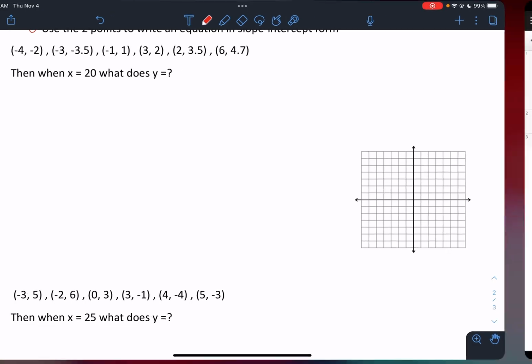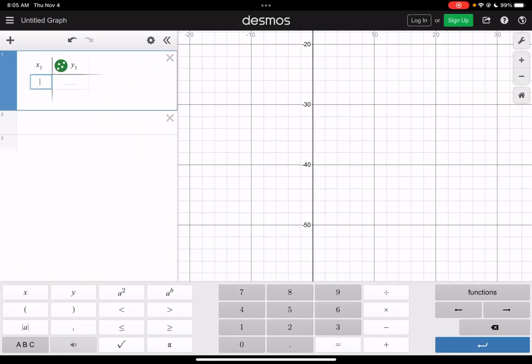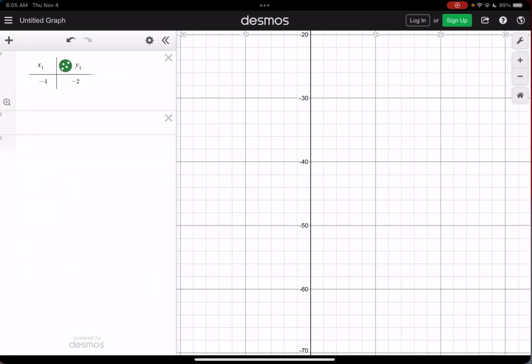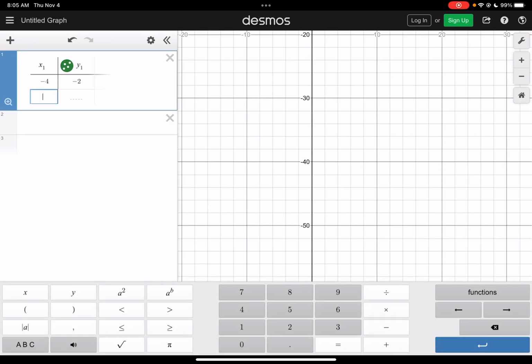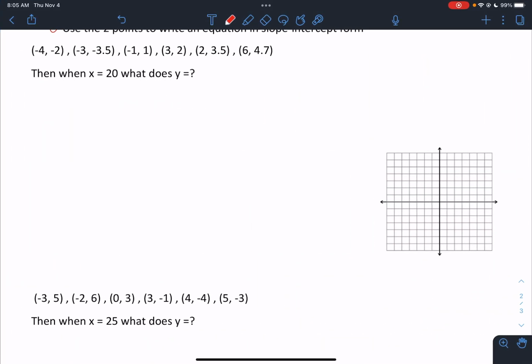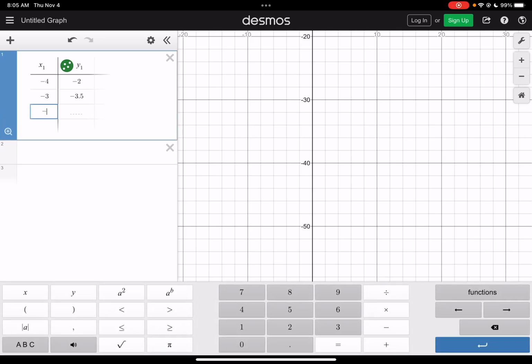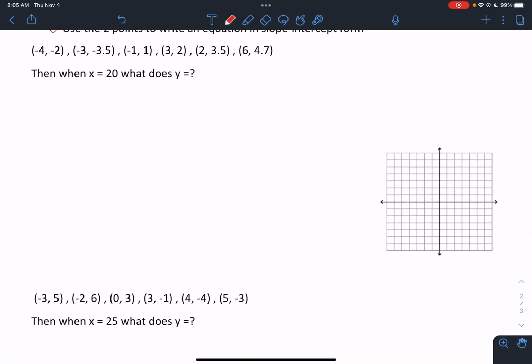So it is -4, -2. -3, -3.5. -1, 1. Oh man, this is going to get old fast.